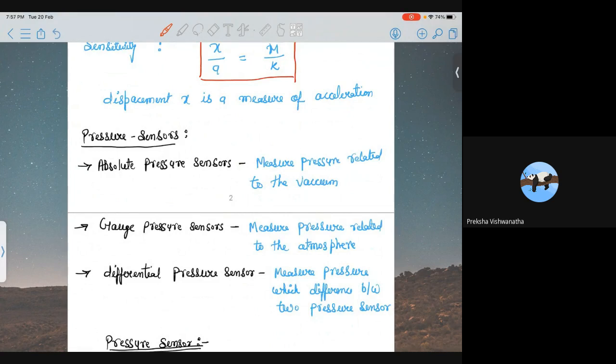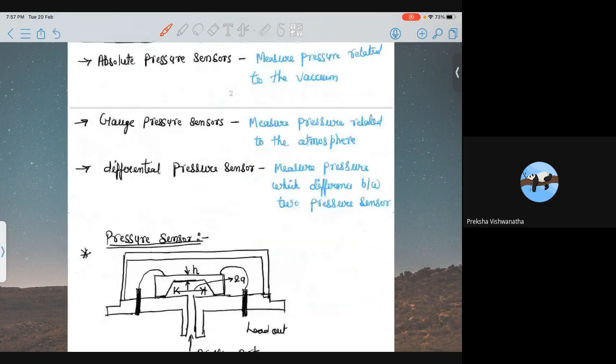sensor. In the case of the absolute pressure sensor, we usually measure the pressure relative to the vacuum. In the case of the gauge pressure sensor, we measure relative to the atmosphere, meaning the reference is atmospheric pressure. And in the case of the differential pressure sensor, we measure pressure which is the difference between two pressures.